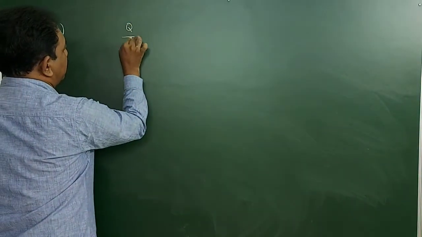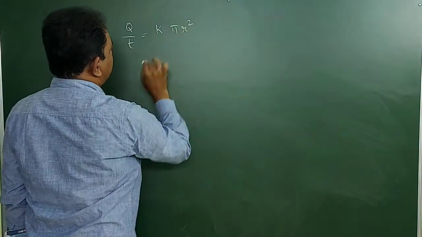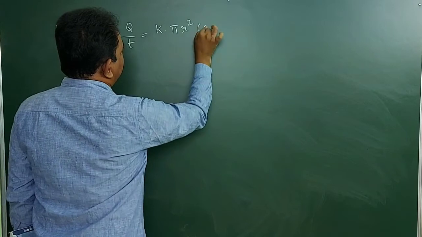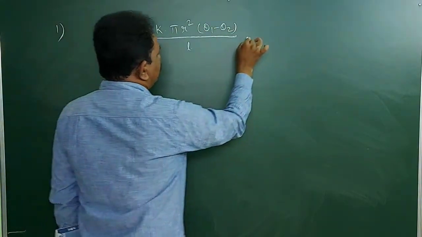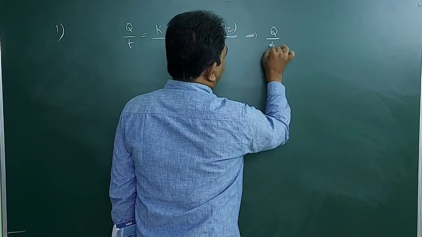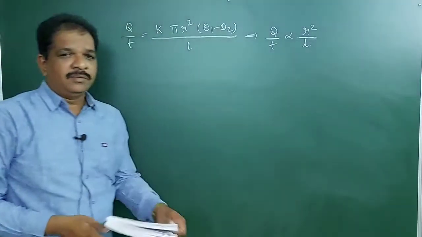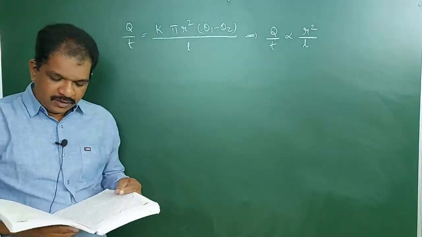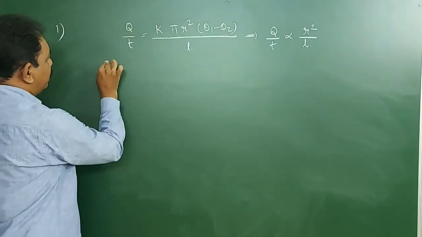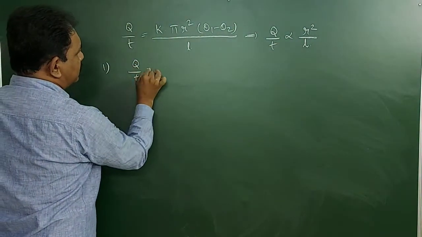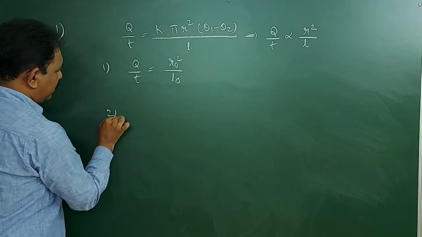Q by T is equal to K pi R square (theta 1 minus theta 2) by L. So Q by T is proportional to R square by L. Check that first: R naught, L naught, Q by T is R naught square by L naught.